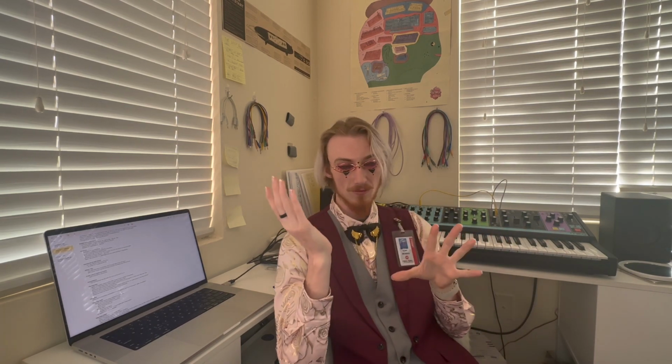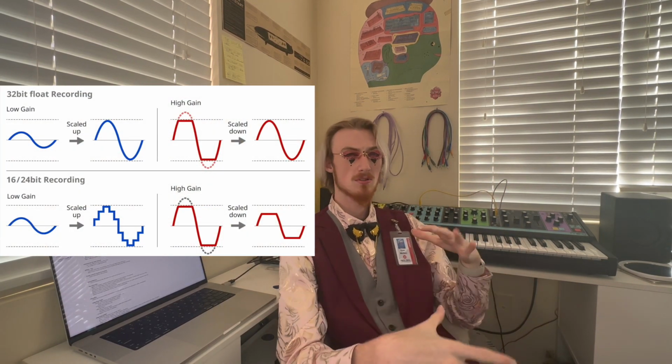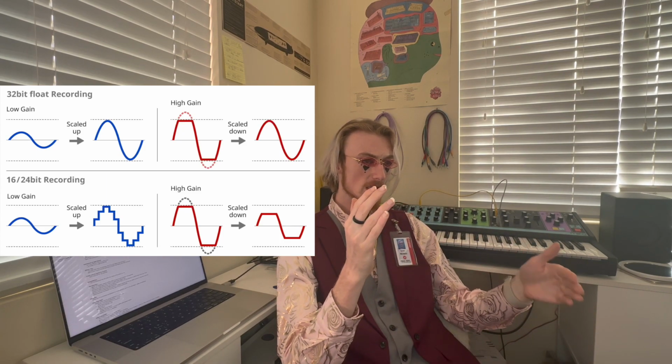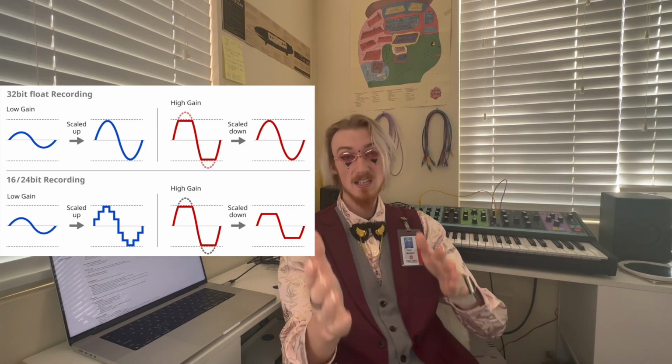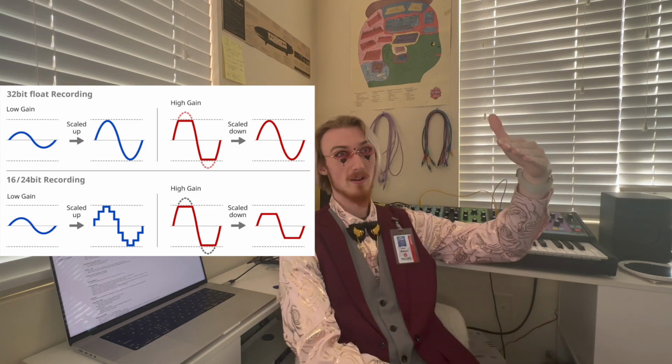And floating point it's a fancy little thing that allows you to technically have an infinite noise floor. Uses a bunch of logarithmic equations and whatnot to convert from an audio interface that supports 32-bit float. If it doesn't support it, it's just going to cap it and you're going to clip.